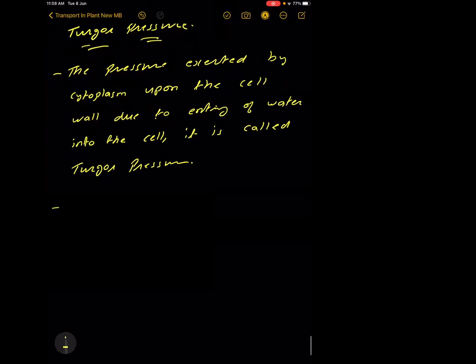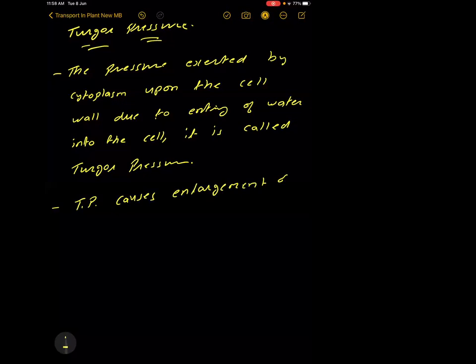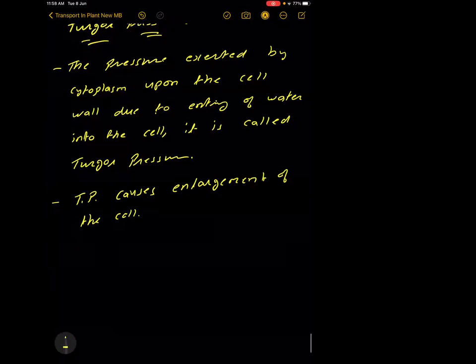Turgor pressure causes enlargement of the cell. Okay, so that is turgor pressure.